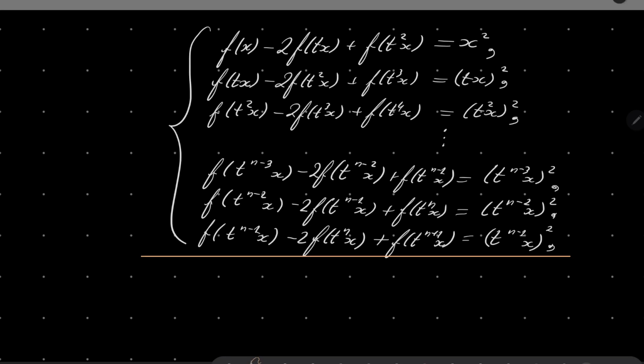Notice the following fact. For example, here we have something, minus 2 times the very same thing, plus the very same thing. They cancel. Likewise, the next line will cancel, and the next one, and so on. Here it will cancel as well. These two terms and the previous term will cancel as well. And these three will also cancel.